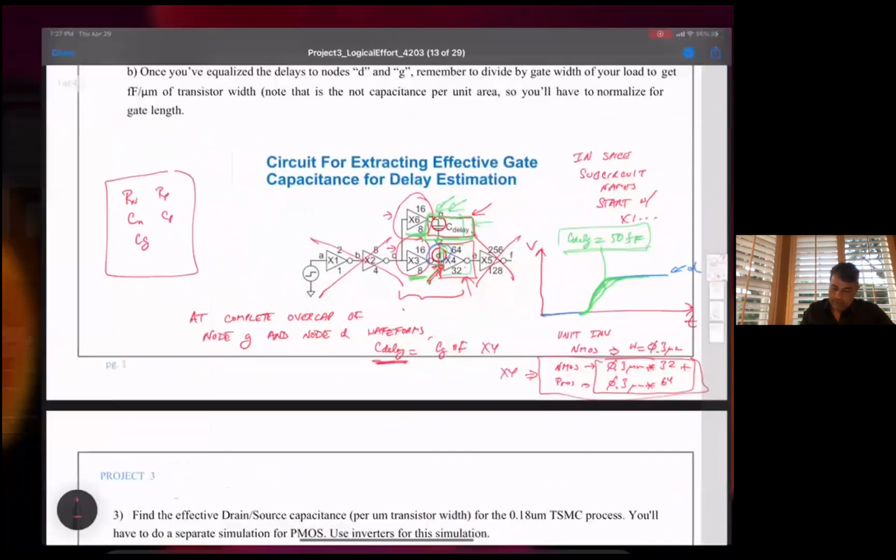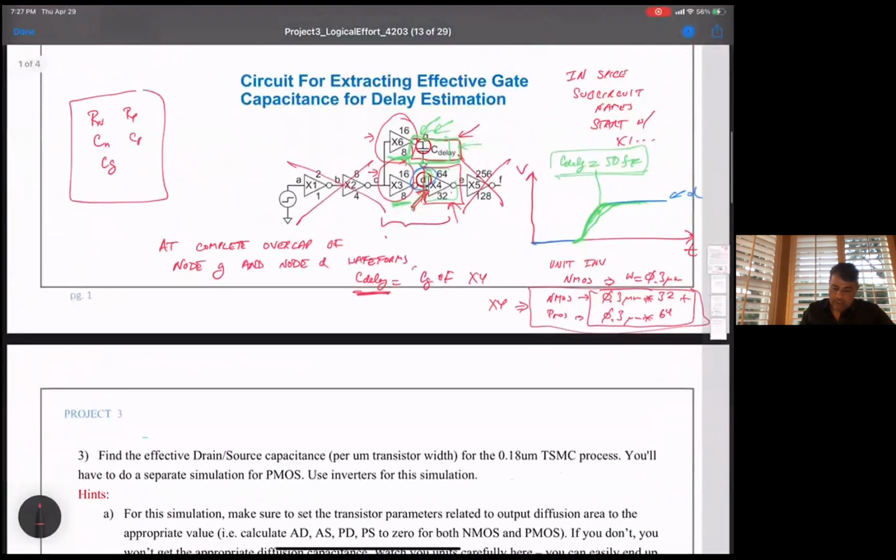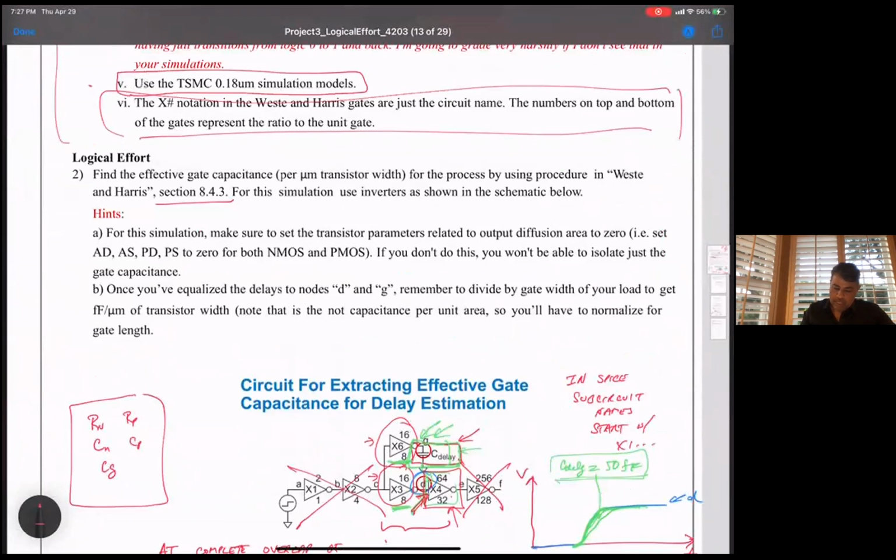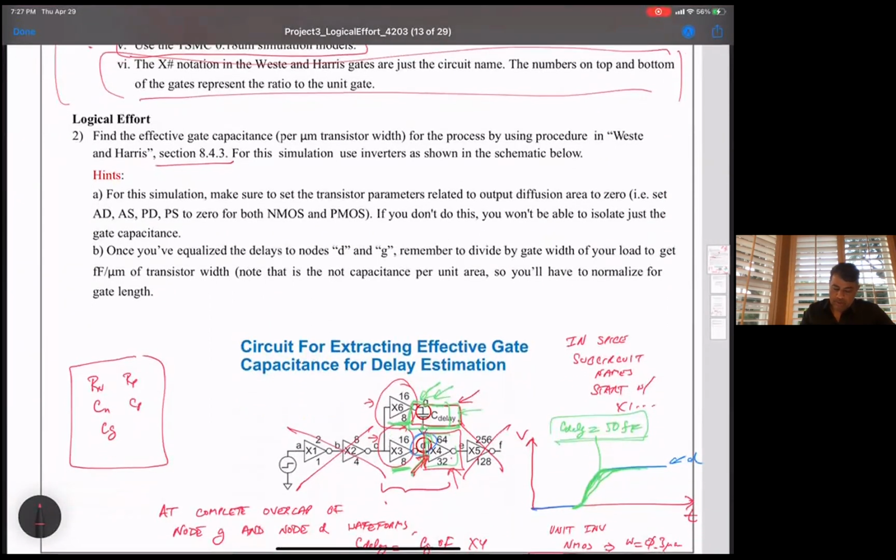So here also, I'm suggesting that you zero out these area drain, area source, perimeter drain, perimeter source for all your transistors, because strictly speaking, it'll still be okay.